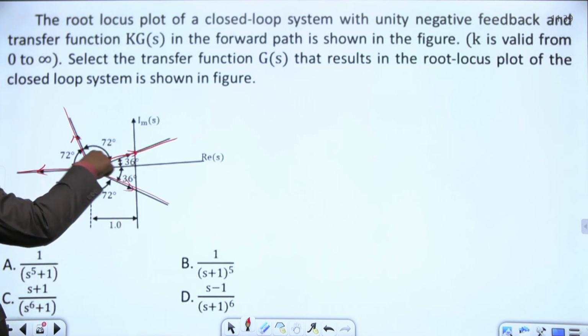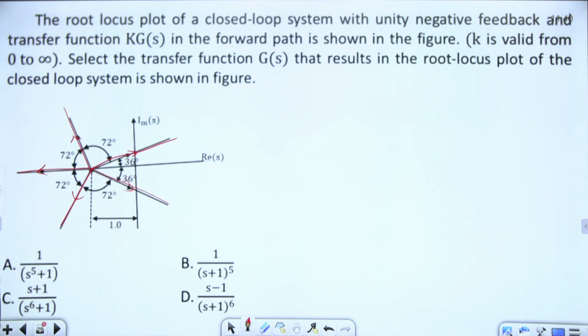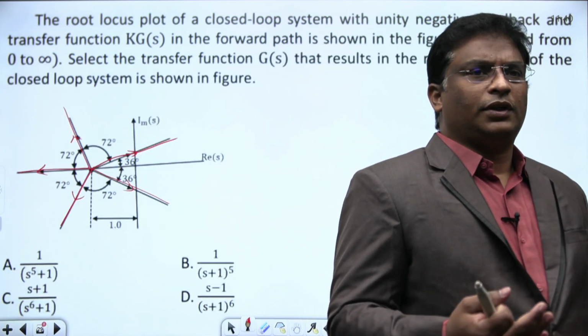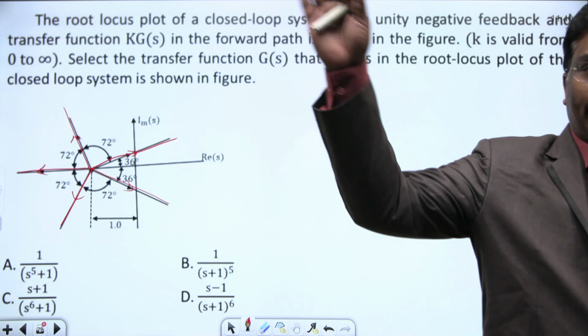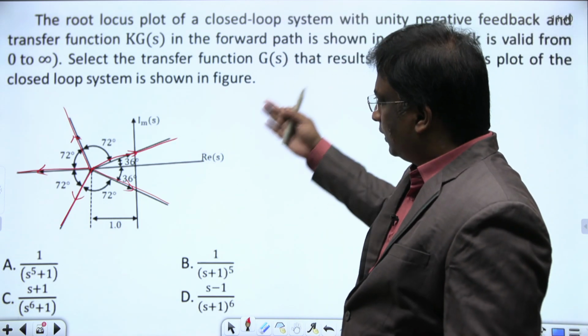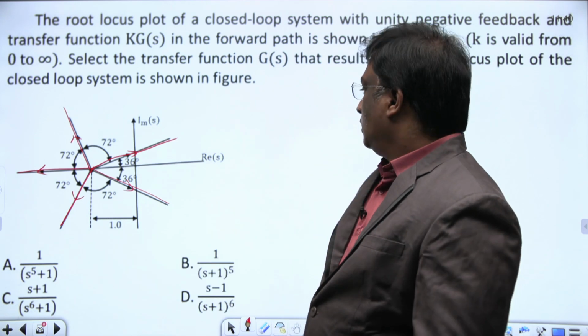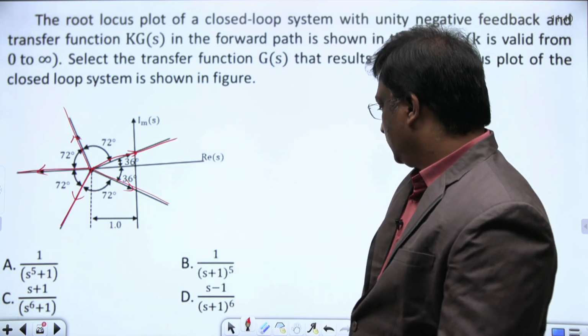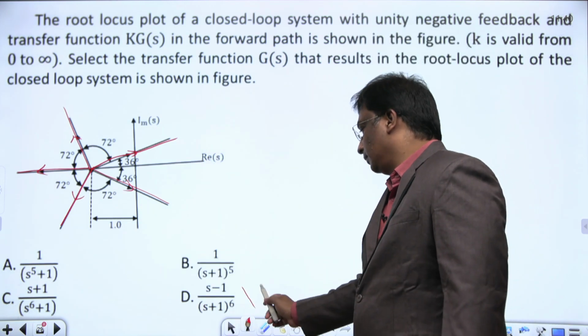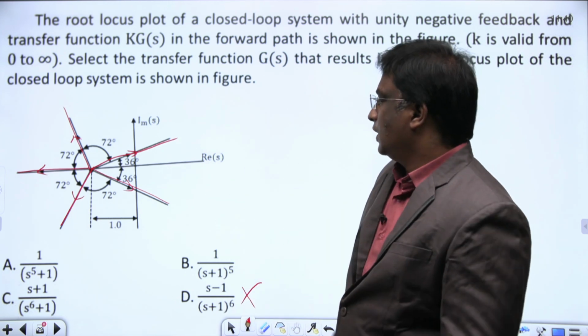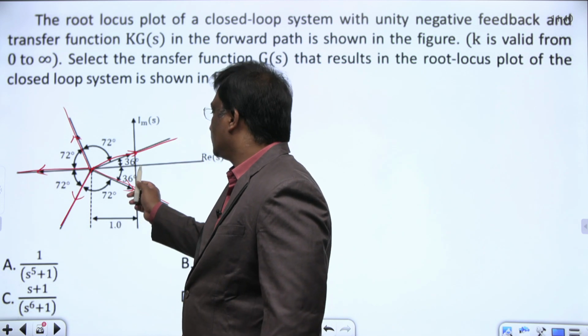How many paths here? 1, 2, 3, 4, 5. 5 paths. Those 5 paths directly give the information that all are breakaway, meaning poles only. All are away only. No in. Then this option cannot be right. No zeros. And at this point, if you notice here, this is the origin.